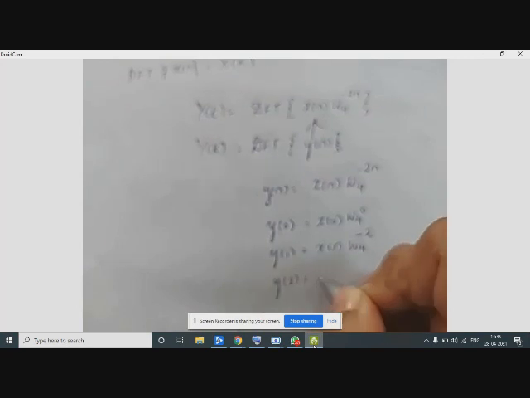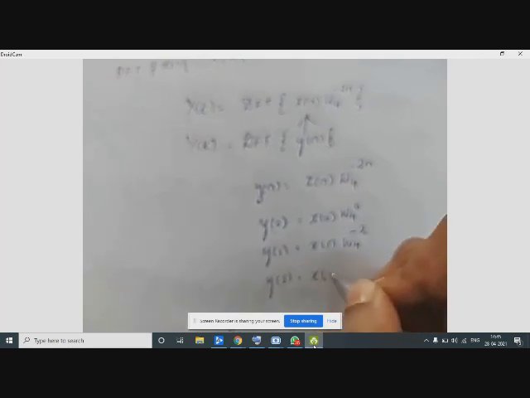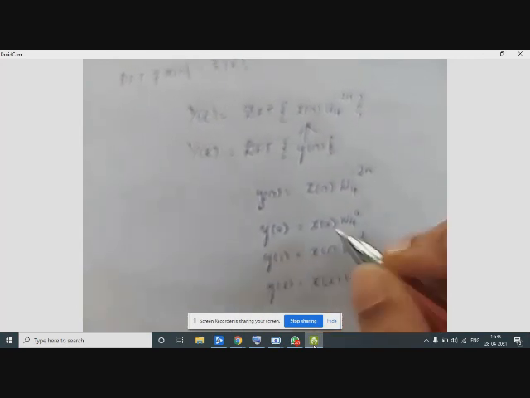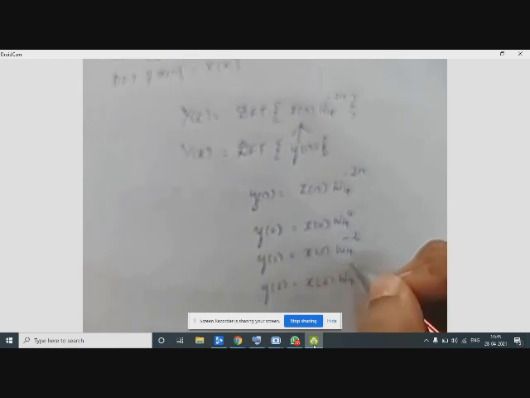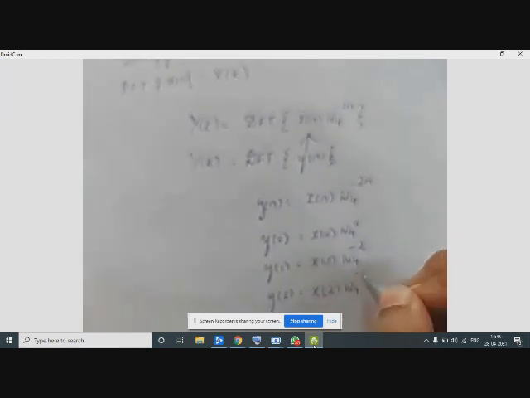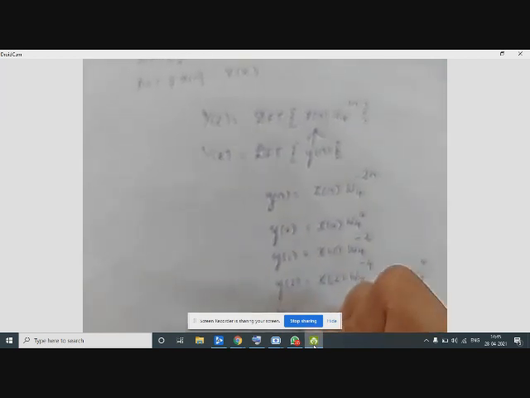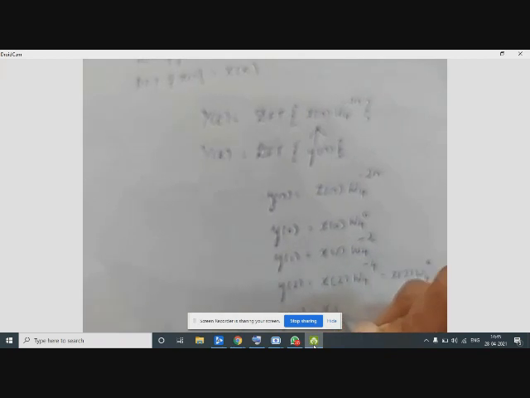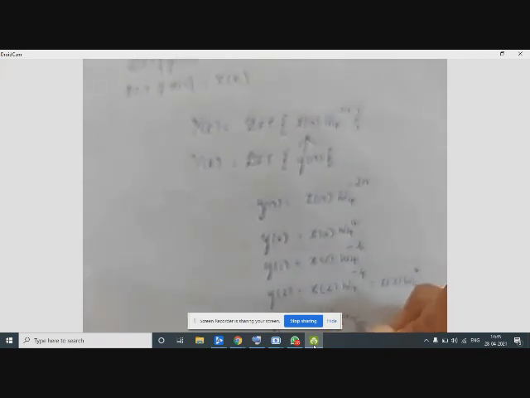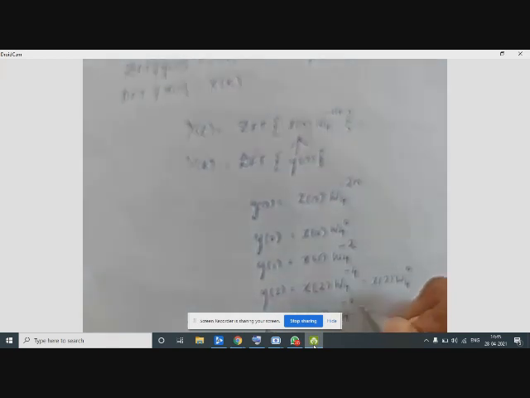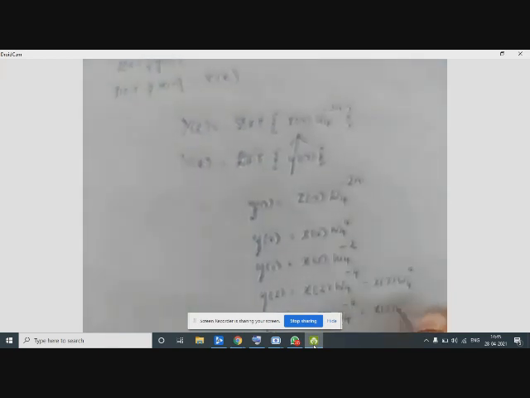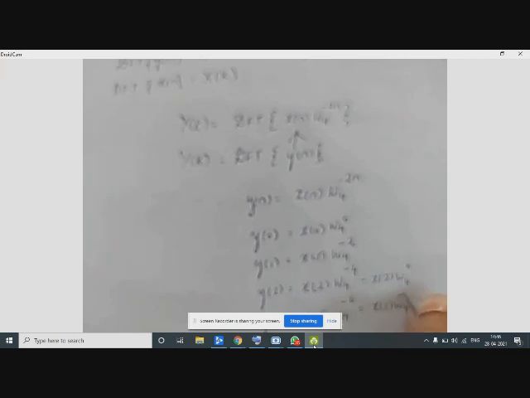Y of 2 is x of 2, W4 power minus 2 into 2, that is minus 4, which is same as x of 2, W4 power 0. Y of 3 is x of 3, W4 power minus 2 into 3, which is 6, same as x of 3, W4 power minus 2.